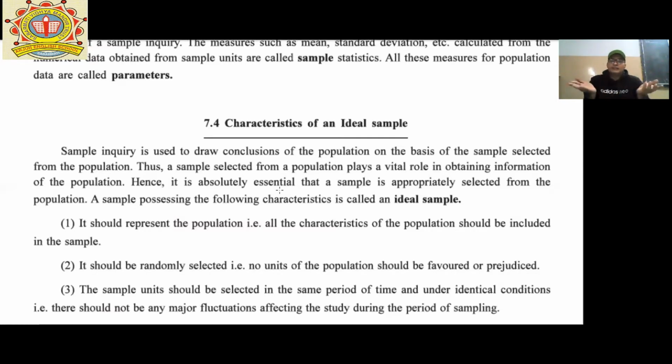Okay, so I am not applying any techniques or any discrimination to select a specific person or specific unit, because as I have earlier discussed, if by mistake I have selected a wrong unit, a wrong person, then it misleads the whole population. Let's say, for example, in your society, I am selecting one person to inquire something, but the personality of such person is like he is always giving misleading statements, he is prejudiced, or he is not considered a good man.